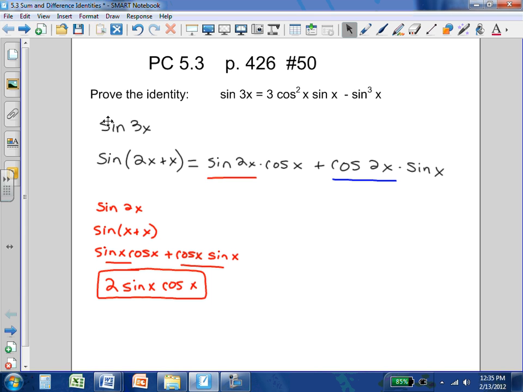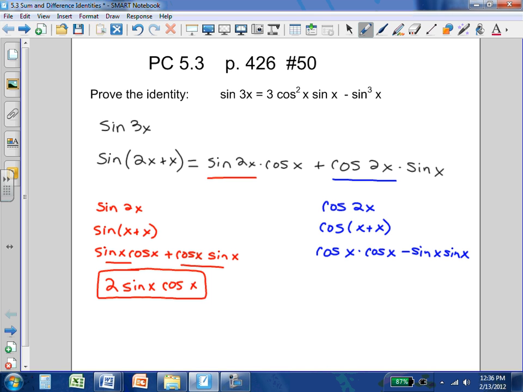Now let's look at the cosine of 2x. I don't like that either. I'm going to work with that. So this cosine of 2x, I'm going to think of that more like the cosine of x plus x. And using that identity, I'm going to have the cosine of x times the cosine of x minus the sine of x times the sine of x.